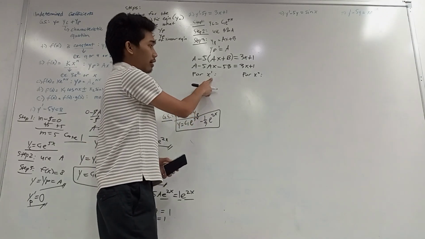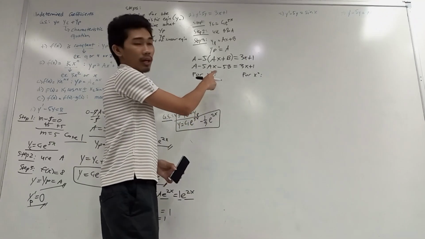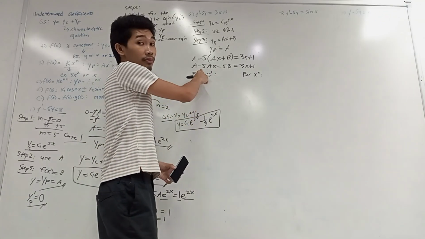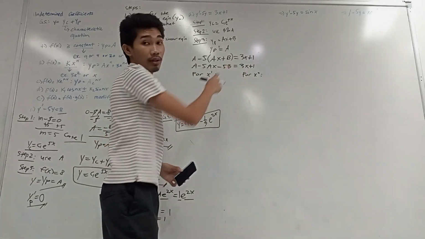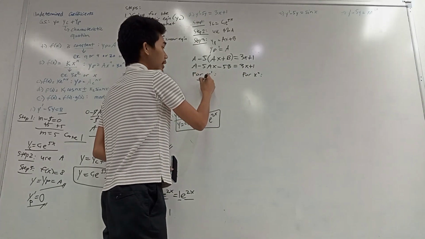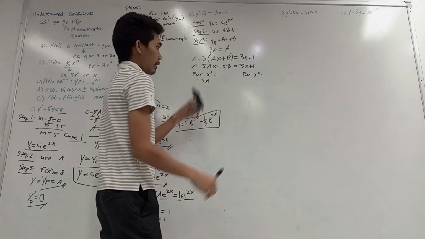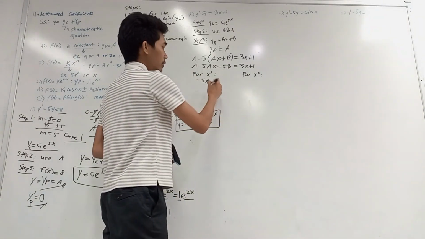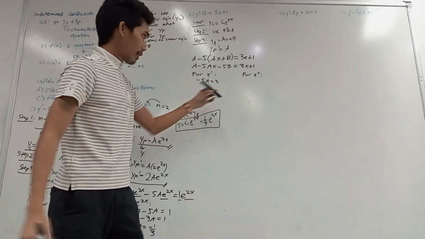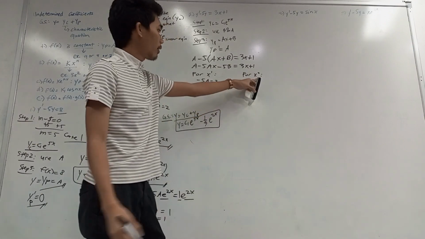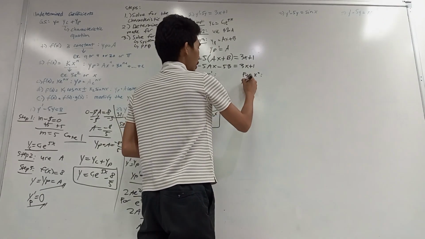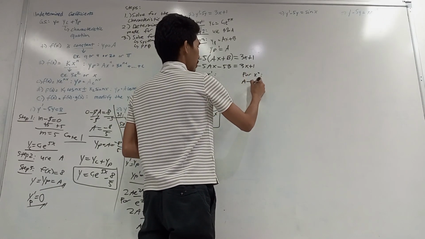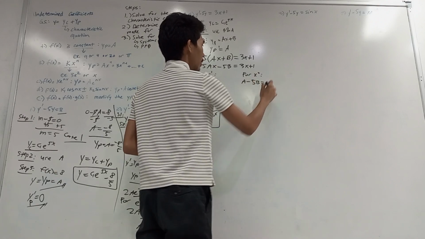So, ano man meron sa x raised to 1? Meron tayong negative 5a. Meron din tayong 3. So, negative 5a equals to 3. And then sa x raised to 0, meron tayong a minus 5b equals to 1.